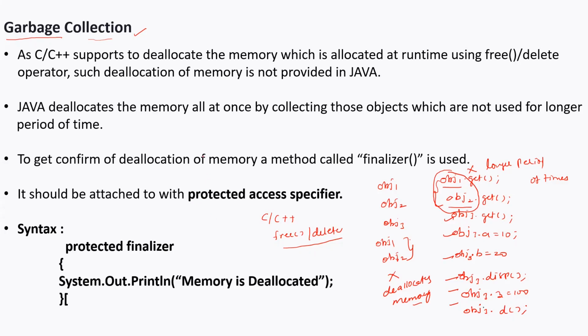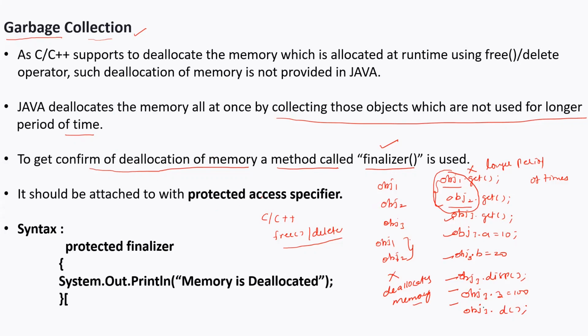Java deallocates memory all at once by collecting those objects which are not used for a longer period of time. In order to confirm the deallocation of memory, you use a method called finalize. Using this finalize method, I can conclude that the memory for those objects which are not used for a longer period of time has been deleted.